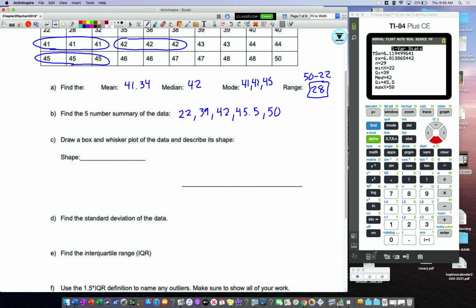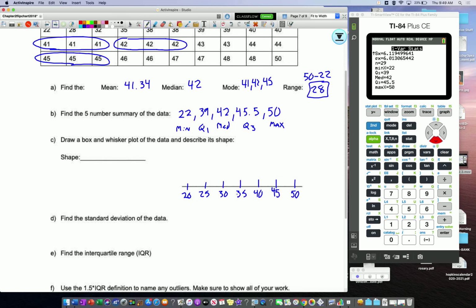All right, draw out the box and whisker plot. This is where the 5-number summary comes in. Remember, here's my min, Q1, median, Q3, and max. So 22, so I'm going to start at 20, go up to 50, so 25, 30, 35, 40, 45, 50.